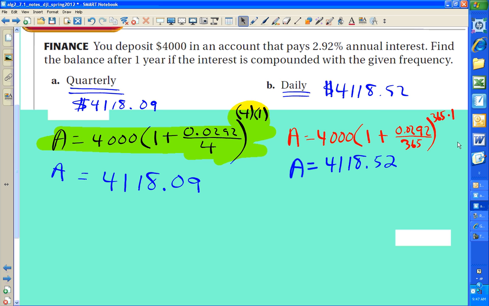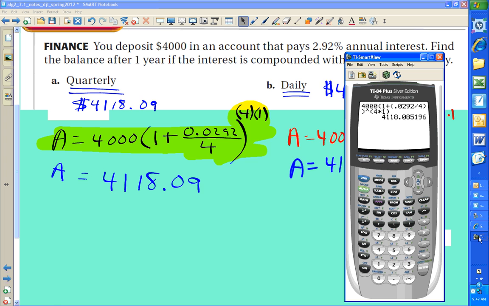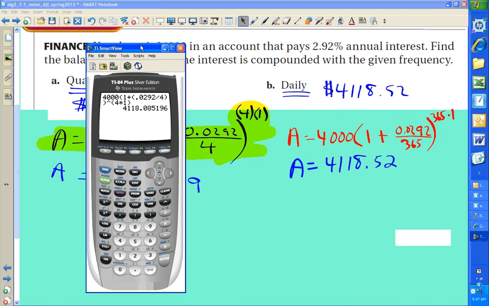Any questions on that? Getting this? Anyone not getting it? Same problem, only they changed to compounding daily. See if you can get to the 4118, but this time you should have 0.52.